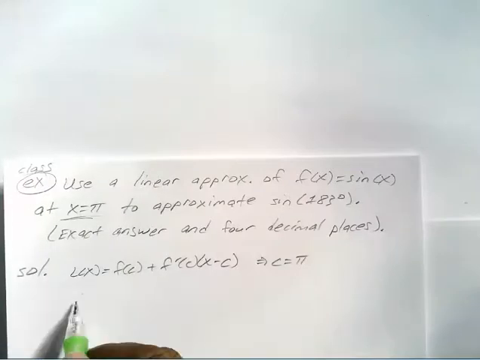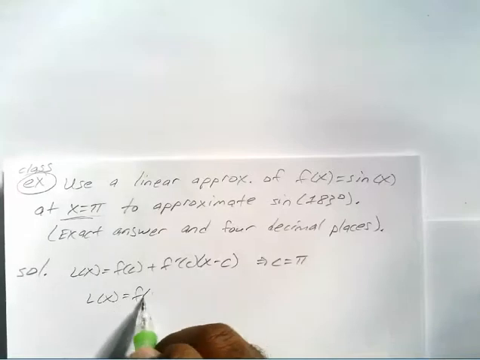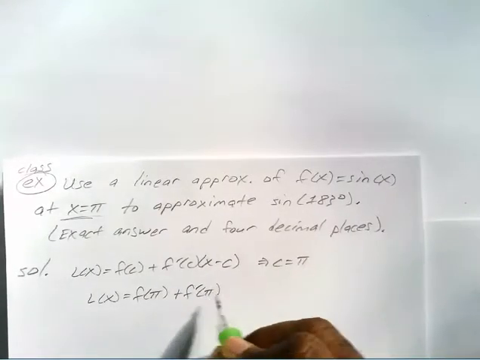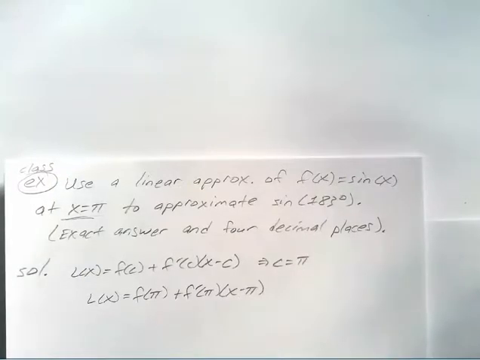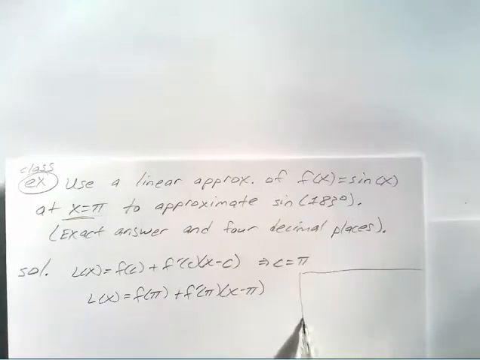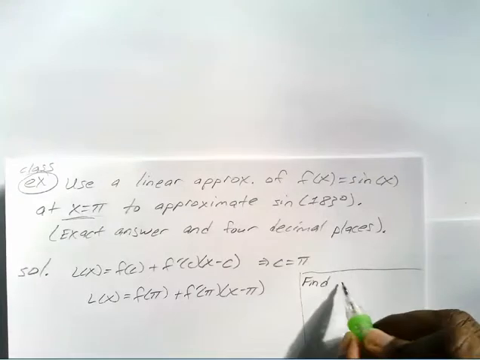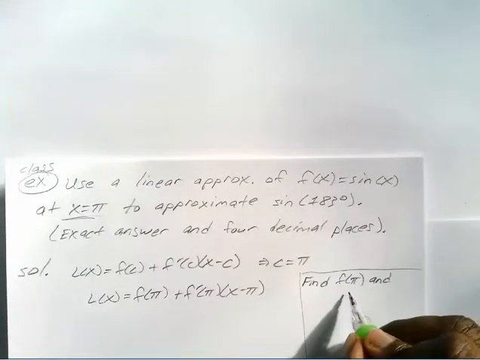So we have our linear approximation equals f of pi plus f prime of pi times x minus pi. Okay, which means we have to find f of pi and f prime of pi.